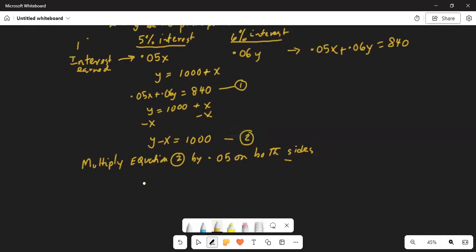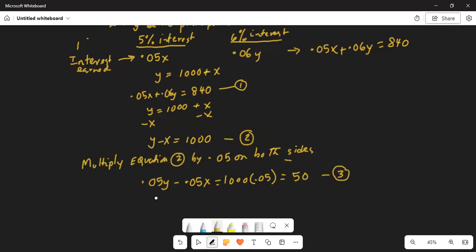So we get 0.05Y minus 0.05X is equal to 1000 times 0.05, which is 50. So this I can call equation 3.